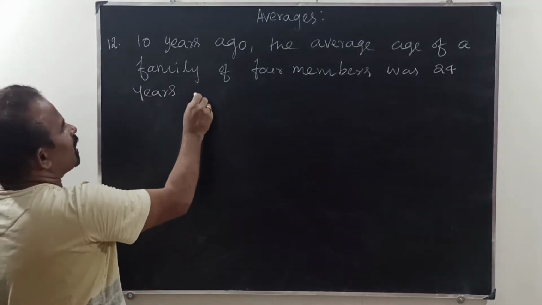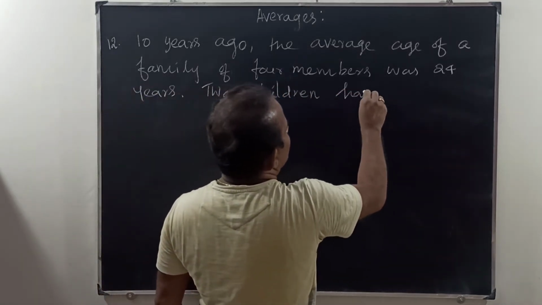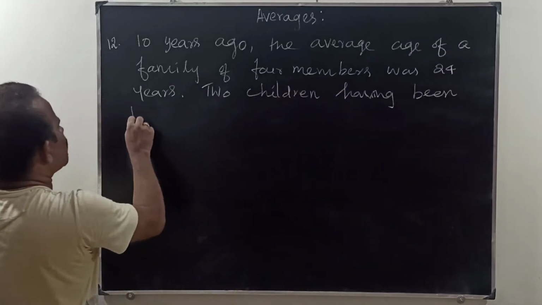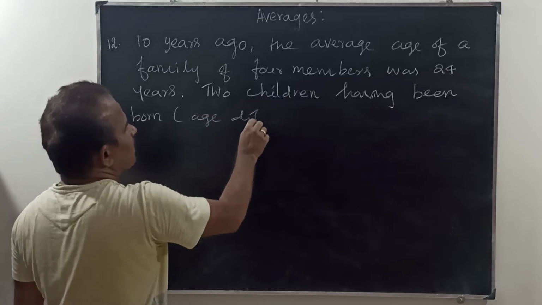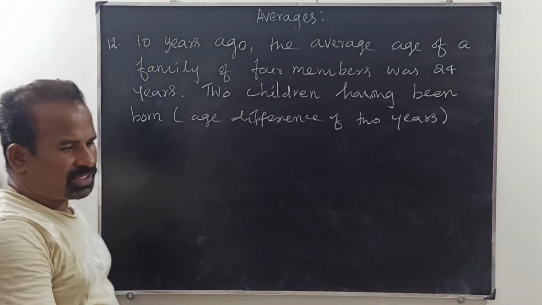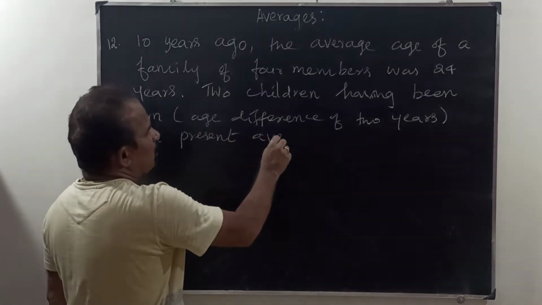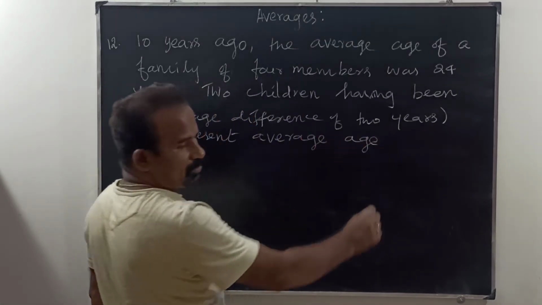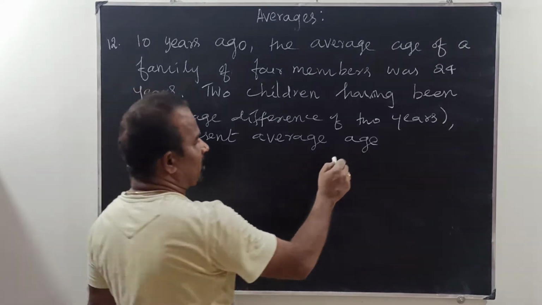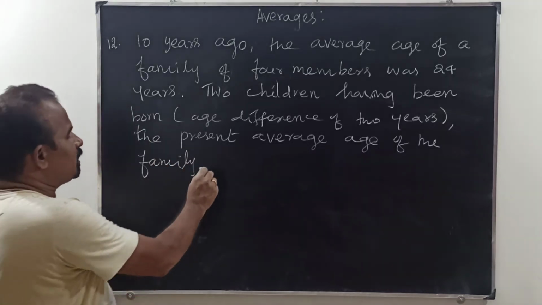Two children having been born, with an age difference of 2 years, the present average age of the family is the same.